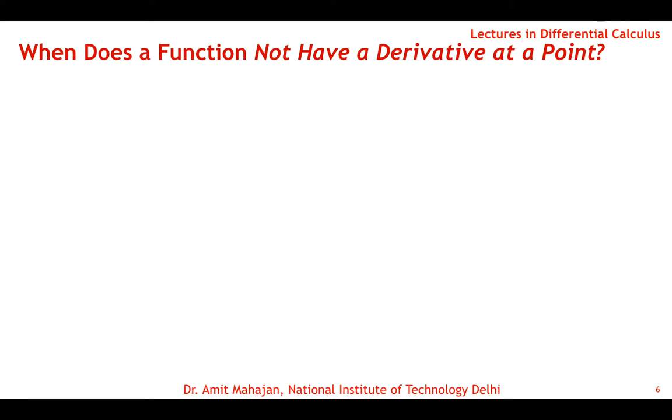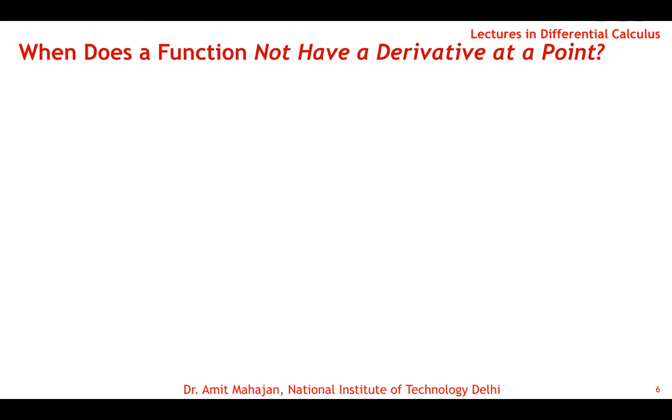We said that a function has a derivative at a point x naught if the slope of the secant line through the point P and the neighborhood point Q on the graph approaches a finite limit as Q approaches P. So whenever this fails, that means whenever the secant line from P to the neighborhood point Q fails to take a limiting position, or becomes vertical as the Q point approaches the P point, then we say that the derivative does not exist.